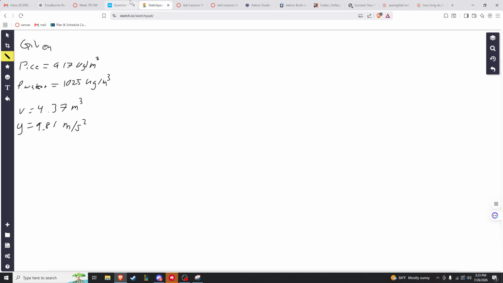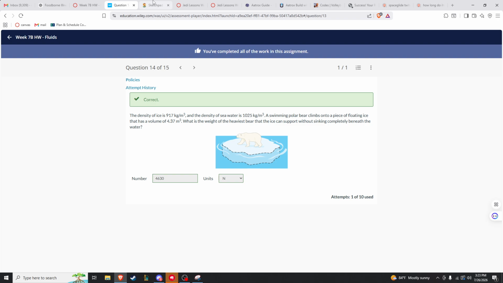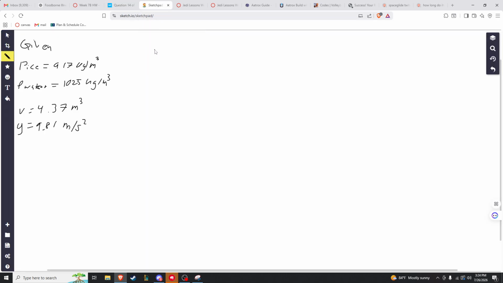And right off the bat, we can gather enough information that the buoyancy force is going to equal the combined weight of the ice and the bear. And we can make an equation out of that, being F_B equals weight of the ice plus the bear. And this is a very important equation that we're going to be using.